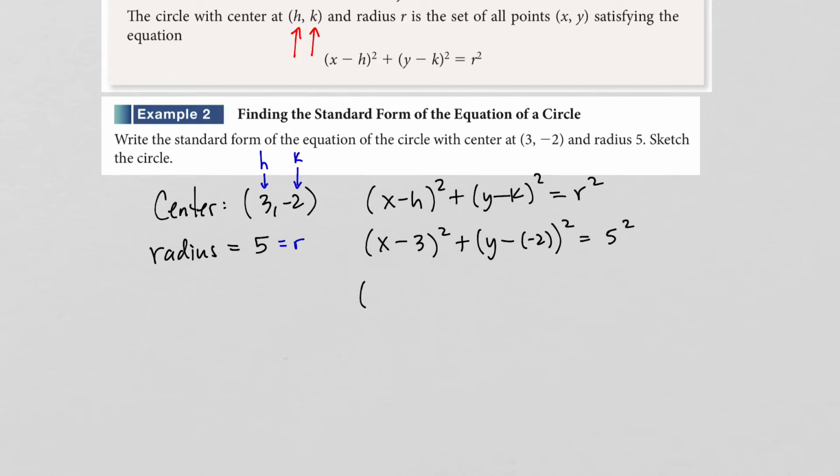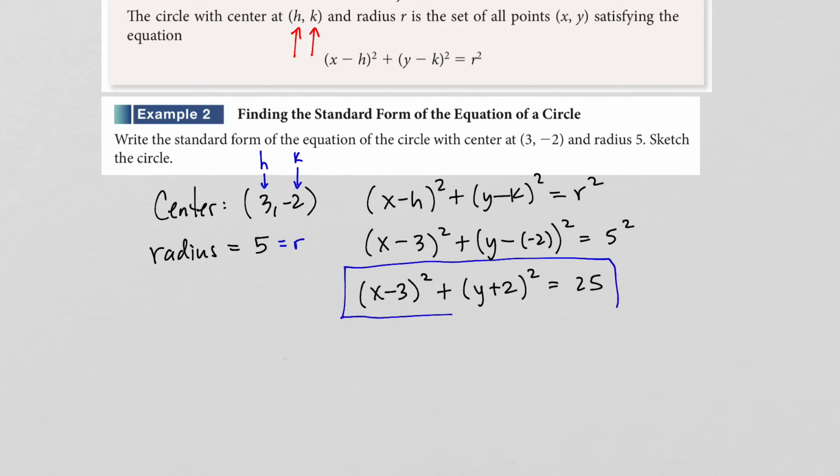And if we just clean this up a little bit, we get (x minus 3) squared plus (y plus 2) squared equals 25. And so this equation represents all the points on the circle that has a center at (3, negative 2) and a radius of 5.